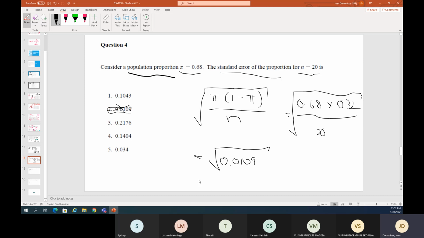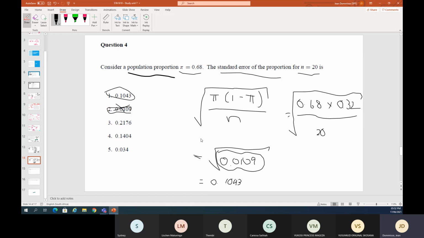So if we square root it, we get 0.1043, which is option 1. Very important for all the standard error questions: the thing that is beneath or under the square root will always be one of the answers.